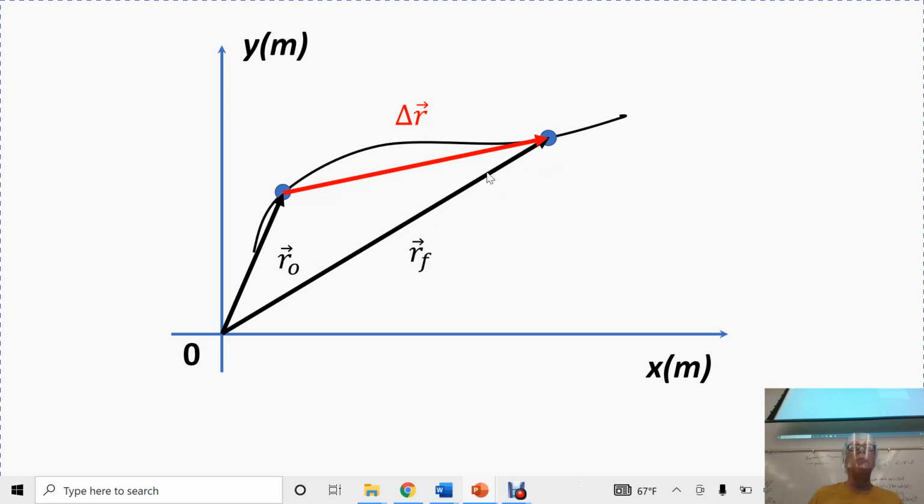Can you picture that in your mind? We are applying what we saw mathematically. Now I'm showing you the parallelogram method, which is used to find the final position vector.